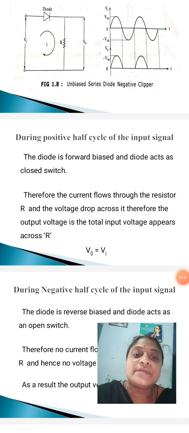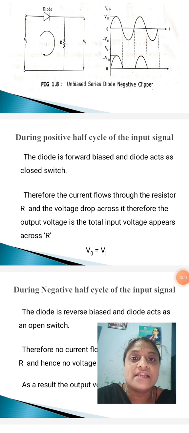I repeat this point again. During the positive half cycle of the input signal, the diode is forward biased. It acts as a closed switch, that means a short circuit.